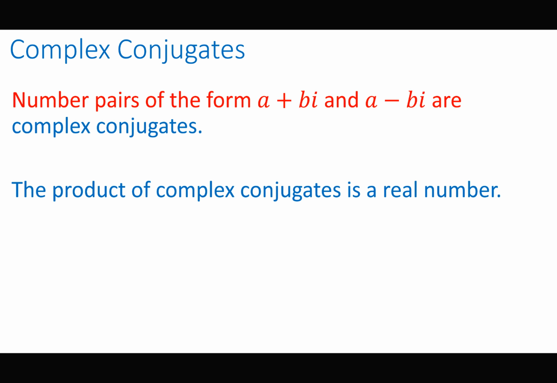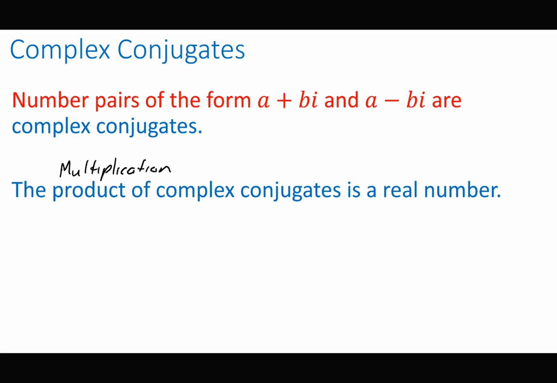All right, the product of complex conjugates is a real number. And that's exactly what we did in that first warm-up. The product, meaning multiplication: if we multiply complex conjugates together, we end up with just a real number.